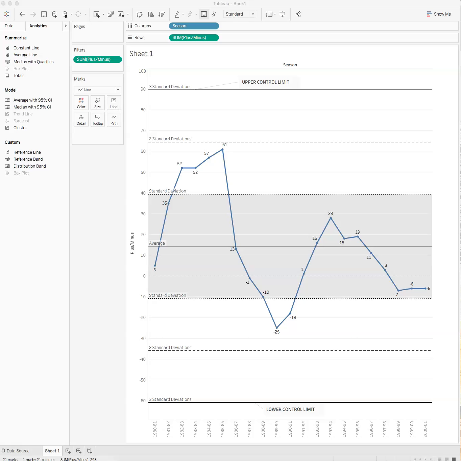Do we have another 4 or 5 consecutive points, 1 standard deviation above or below the mean? Yes. 1, 2, 3, 4, 5. The last 5 seasons of this player's play, Paul Coffey's play, were below.